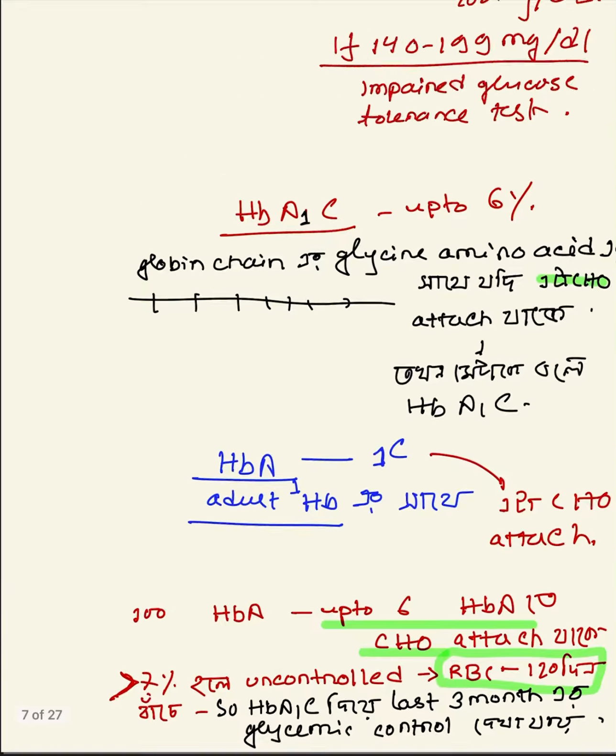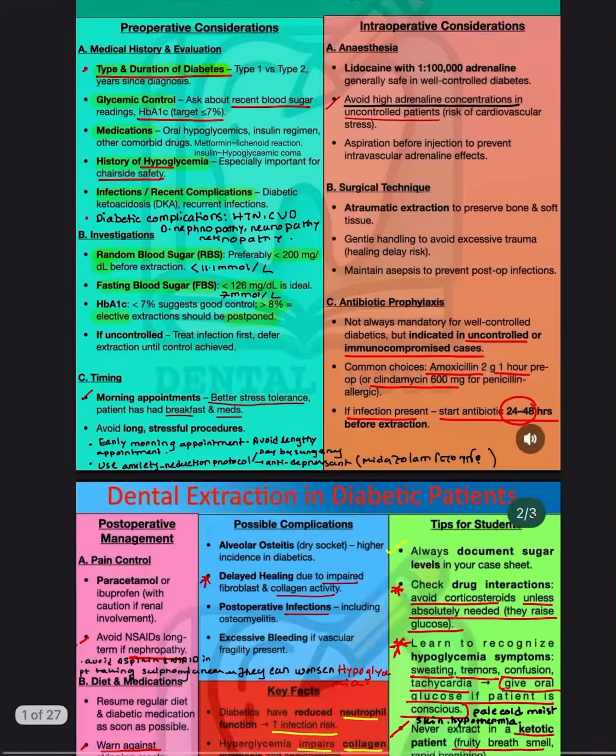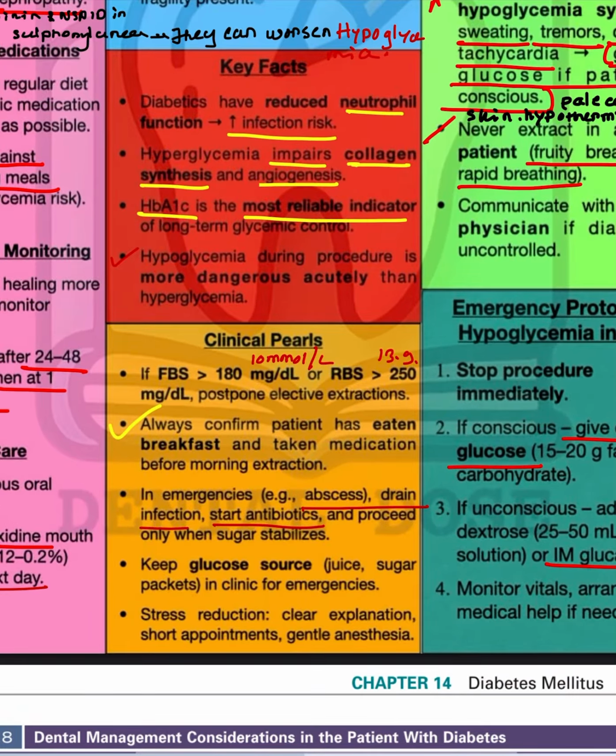So till now we understand the key factors in diabetes: reduced neutrophil count and function with increased risk of infection, and impaired collagen synthesis and angiogenesis. These two things mainly concern us.